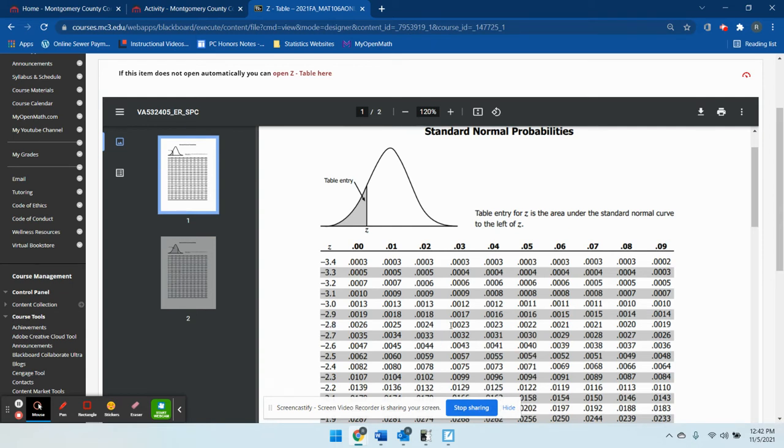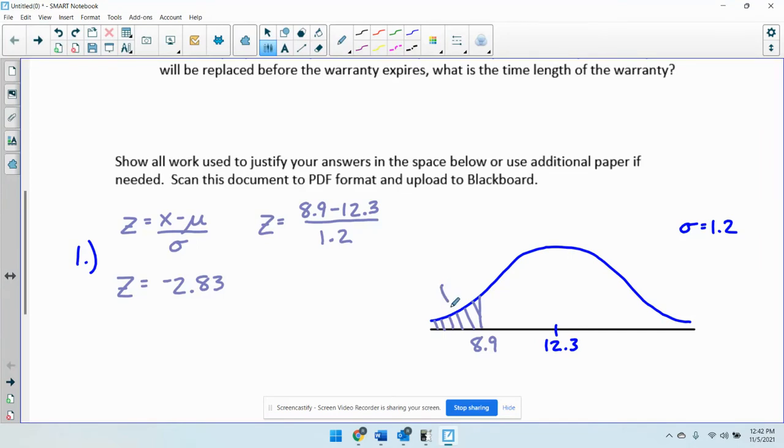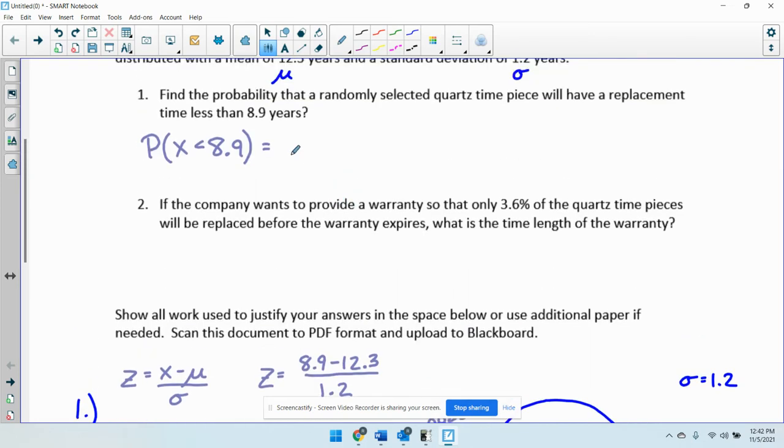I'm looking for where this column and that row intersect, and that is going to be my area, 0.0023. So the area of this little section is 0.0023. If you wanted to write it as a probability, that's fine. You can leave it like that, 0.0023. Or if you prefer percentages, you could write this as 0.23%.